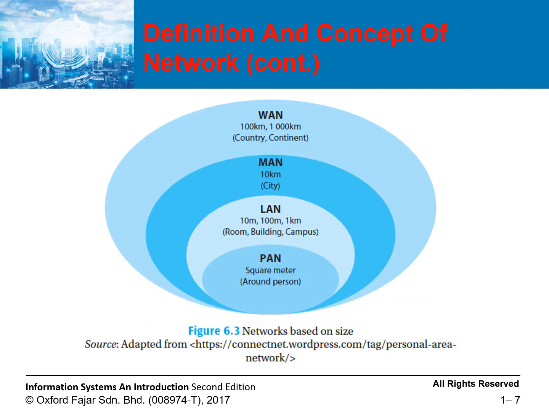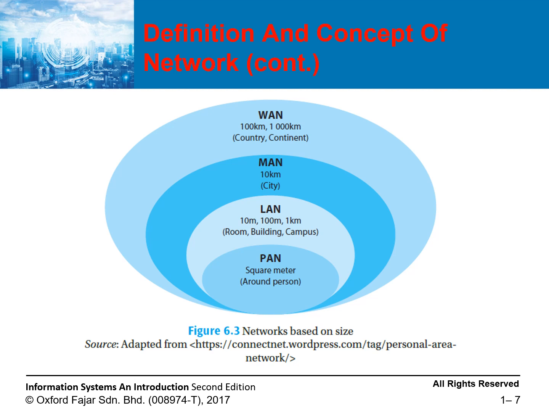There are many types of computer networks that exist today. These computer networks are usually identified by their size and purpose. In this figure, we can see the types of computer networks based on size.